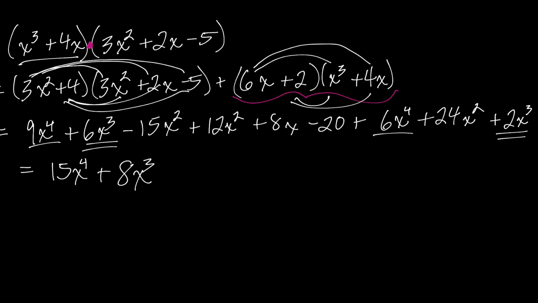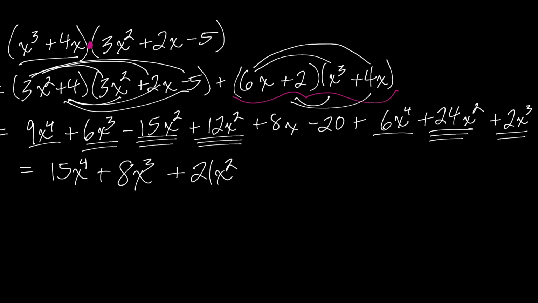Negative 15 plus 12 is negative 3. Negative 3 plus 24 is 21. So, plus 21x squared. And that takes care of the squared terms.